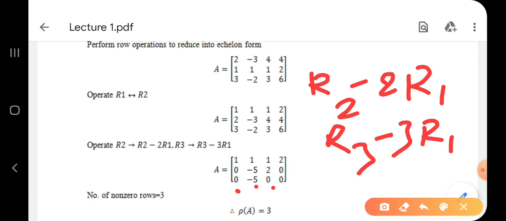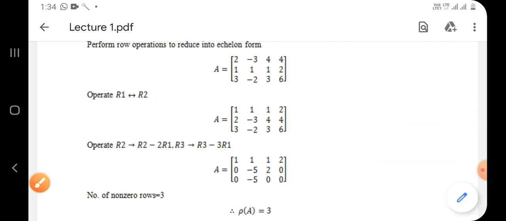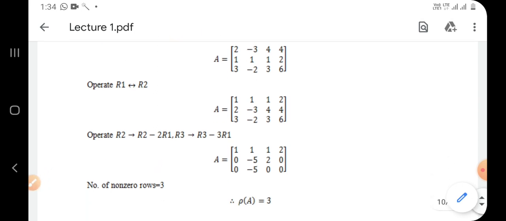Just write down those numbers and do the calculation. Now if you check here, the number minus 5 you can easily make 0, or keep as it is. No need to do anything because it already looks like an upper triangular form, right? You may wonder what to do with that minus 5. You can interchange, make that minus 5 into 1, or use that minus 5 to make the element below it 0, no problem.